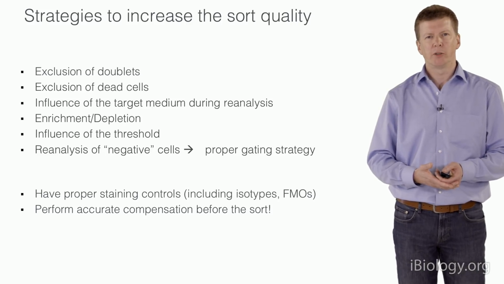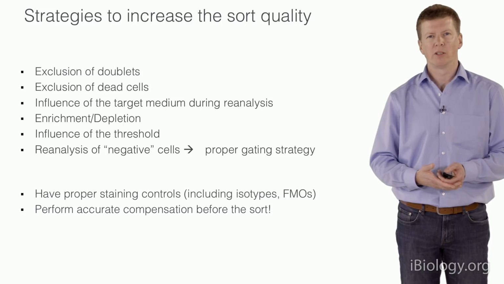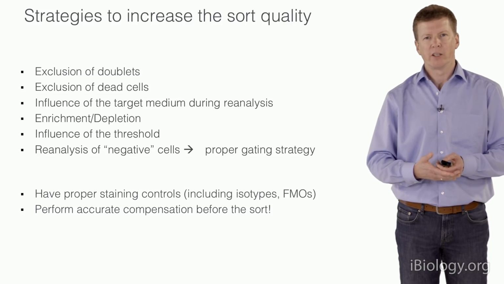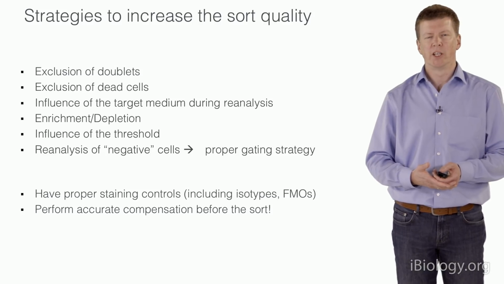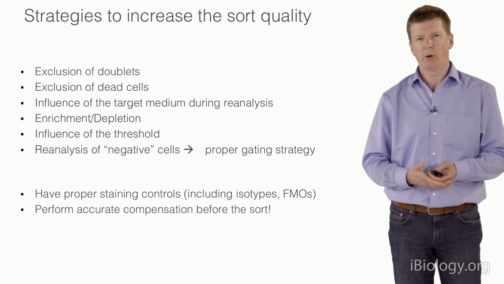If time is an issue, you should think about whether you can pre-enrich your sample beforehand. And at the end, I will show you some examples of how the setting of threshold and gating strategy might influence your outcome of the sort.